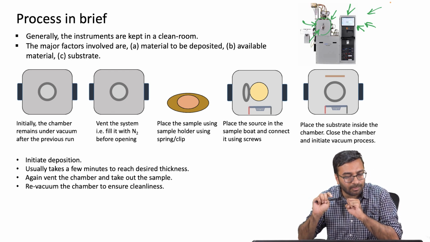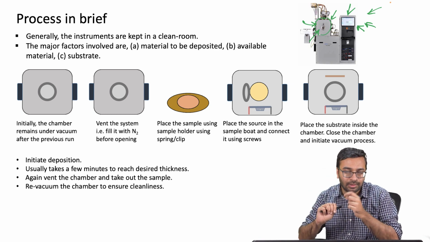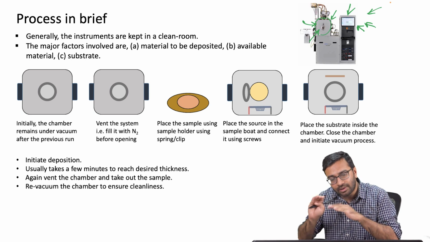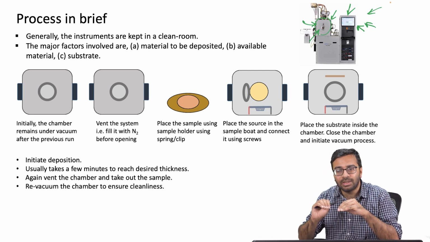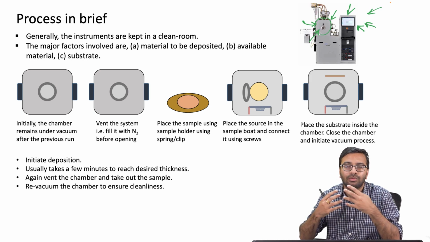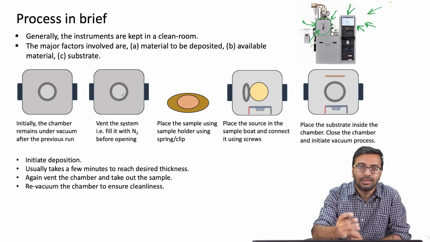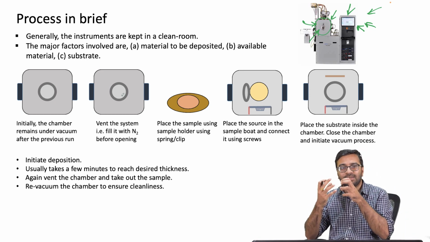So initially the chamber remains under vacuum after the previous run, and then you have to vent that system. Venting that system means you have to put, say, nitrogen into the system in order to break this vacuum, because if it's vacuum you can't open this lid, the pressure is very less inside.